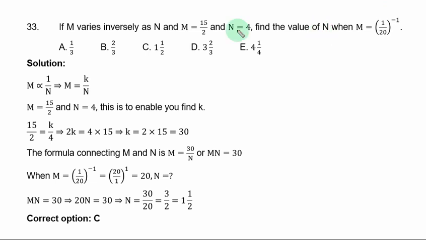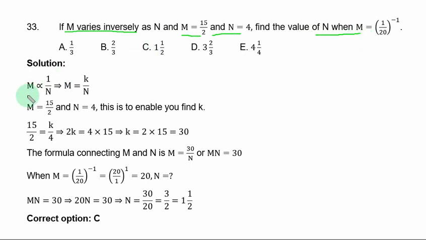Question 33. If M varies inversely as N and M is equal to 15 over 2 when N is equal to 4, find the value of N when M is equal to (1 over 20) in bracket to the power of minus 1.